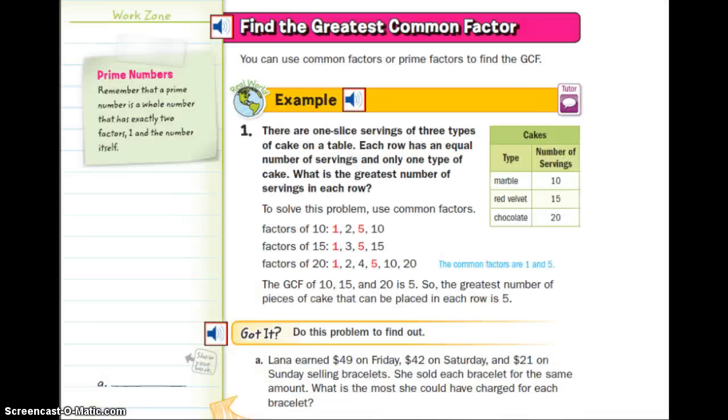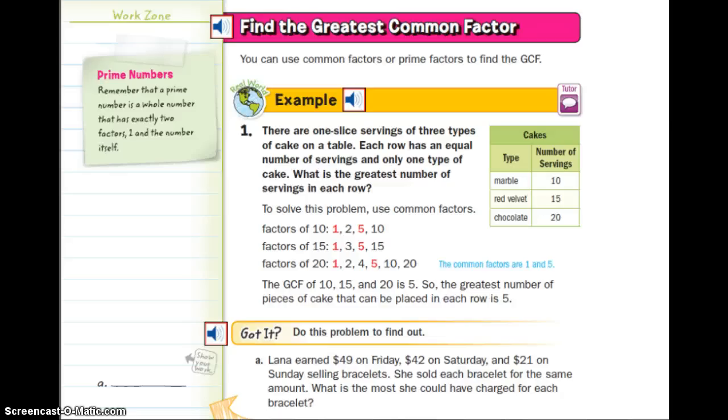Okay, we're going to talk about finding the greatest common factor first. When we're looking at factors, the first thing that we need to do is write all the factors out. So if we have marble, red velvet, and chocolate cake, number of servings 10, 15, and 20, we're going to start with 10. The factors for 10 are 1, 2, 5, and 10.